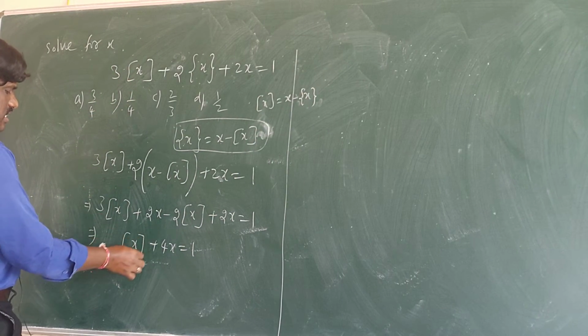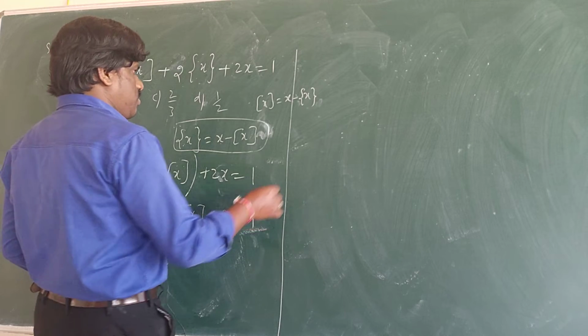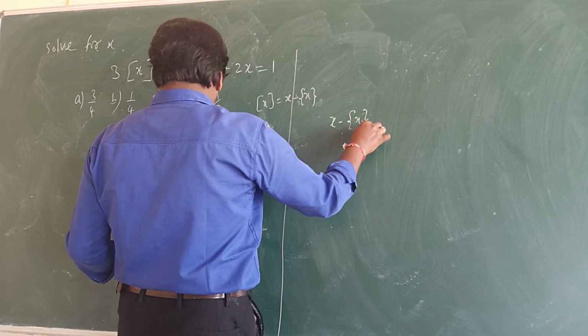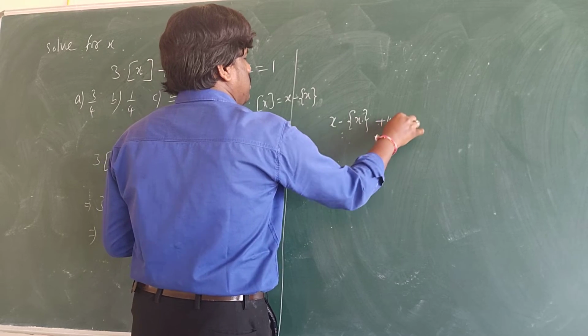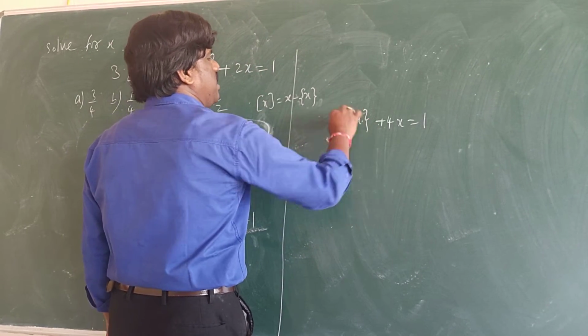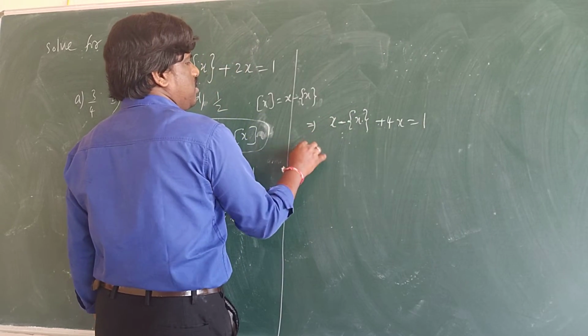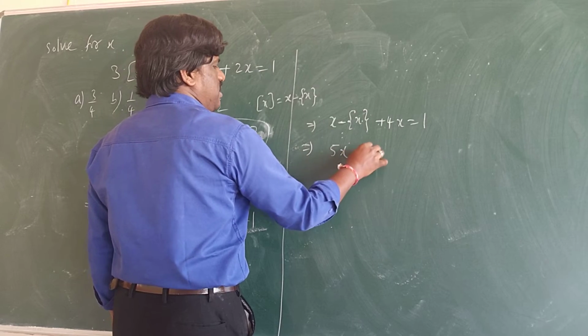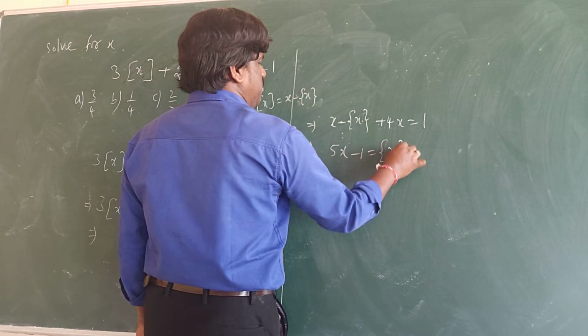So if I change this one, what do I get here? x minus fractional part of x plus 4x is equal to 1. So here this fractional part of x I will send to that side. So what do I get here? 5x minus 1 is equal to fractional part of x.